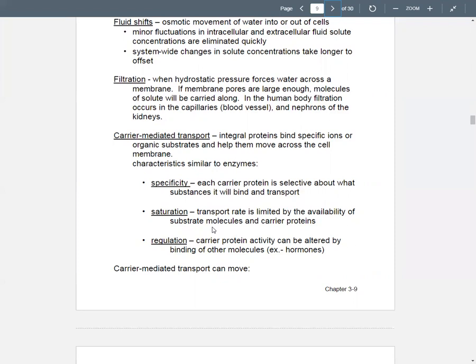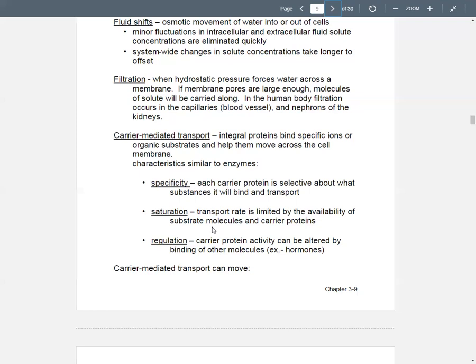What is filtration? If you have hydrostatic pressure, it's forcing water across a membrane. You're forcing it through a filter. If you have large membrane pores, your solute molecules can get carried along with the water.